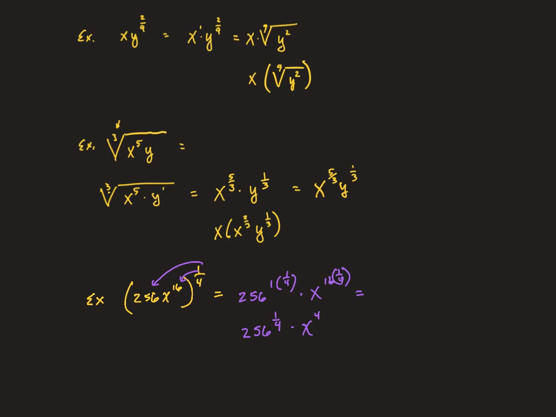And then when I plug 256 into the 1/4, well, that's going to turn out to be 4. 4 times x to the 4th, or 4x to the 4th.